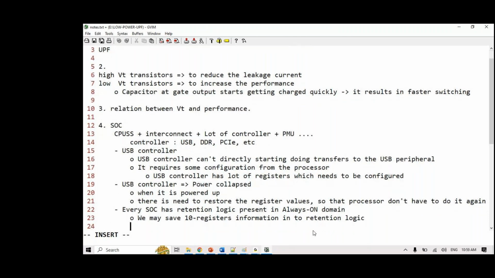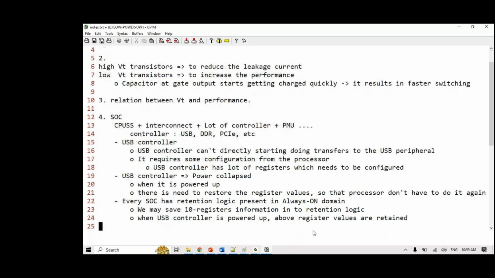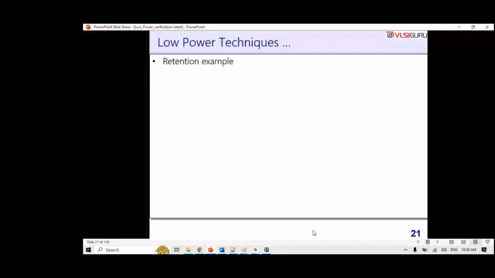So when the USB controller is powered up, what do we do? The above registers are retained, the register values are retained. So it works. That is the basic idea of retention logic.